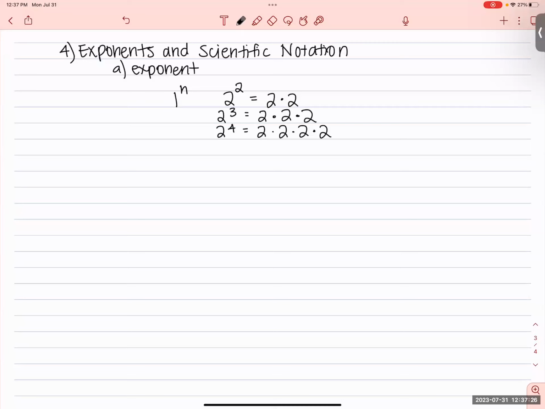So a lot of times we're going to talk about the exponent with the base of 10. So for example, 10 to the 3 would be 10 times 10 times 10. And when you're doing things with base 10, what's cool is that it actually matches with the metric system and the place values that we talked about earlier.